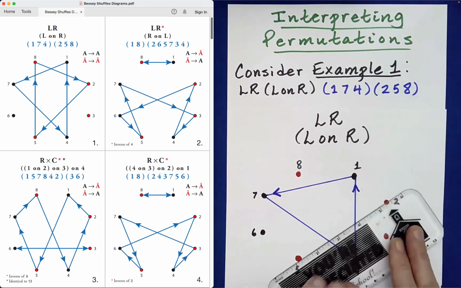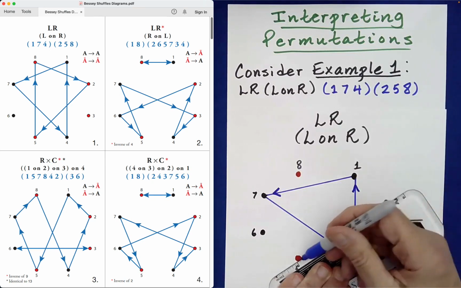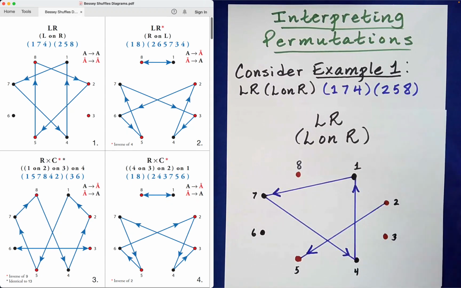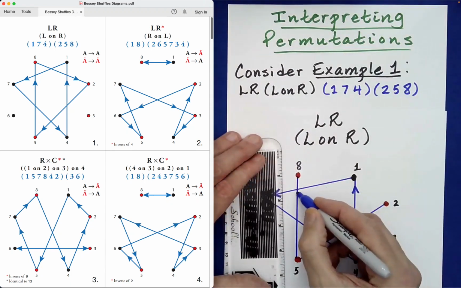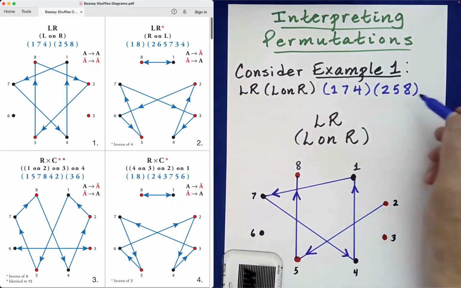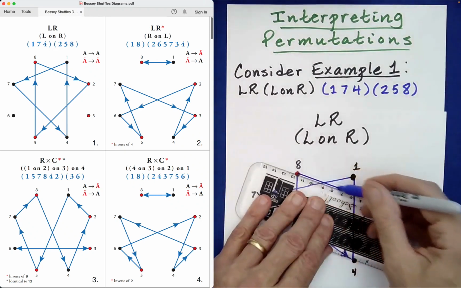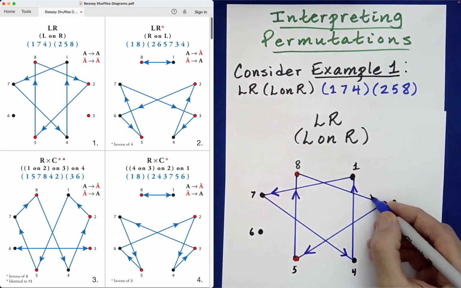So I'll draw a directed line, an arrow, from 2 to 5, just like that. And then 5 goes to 8. Okay, so it just goes straight up, just like this. And then 8 wraps around and goes to 2. So 8 goes to 2. Okay, so we draw a line from 8 to 2 with an arrow pointing towards 2.